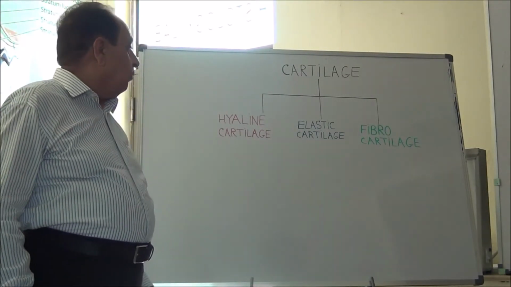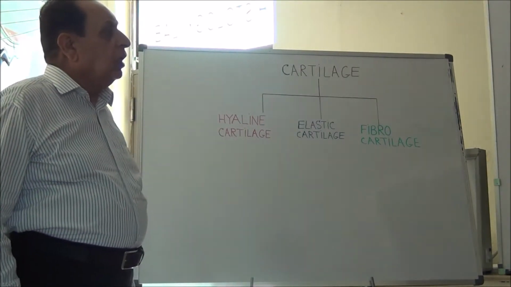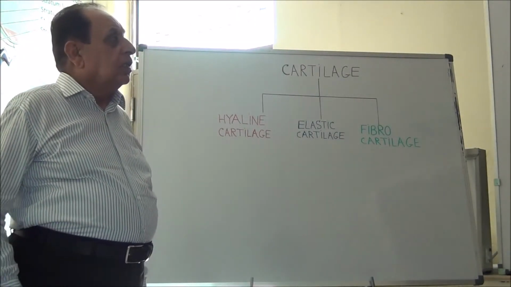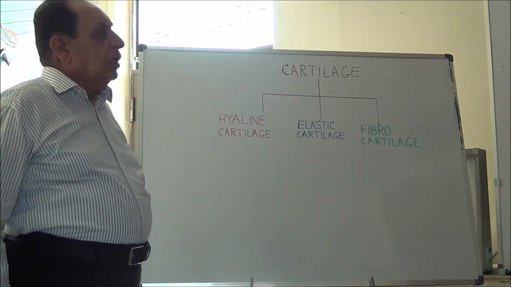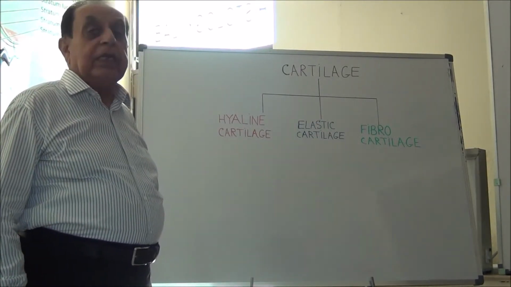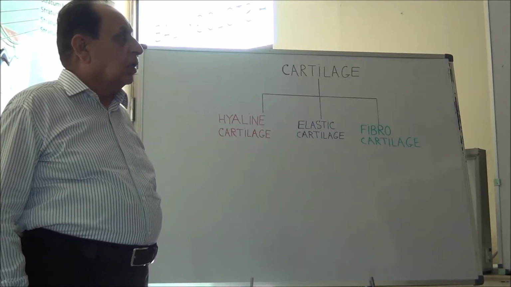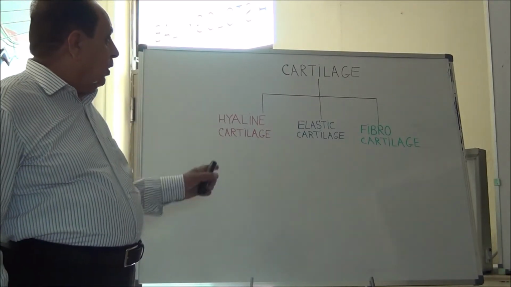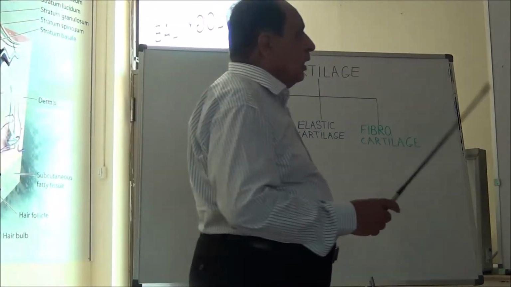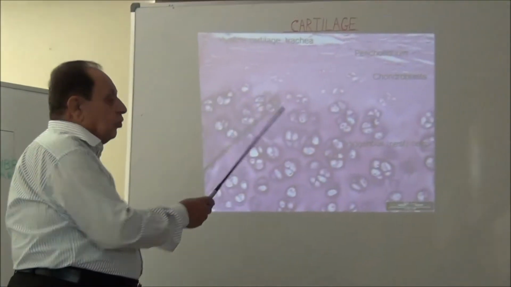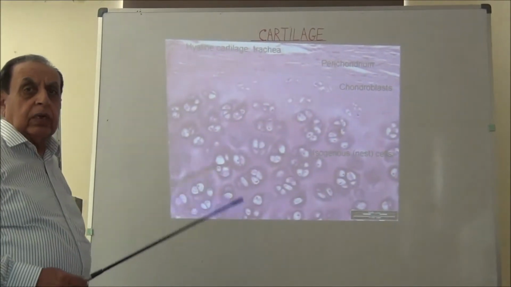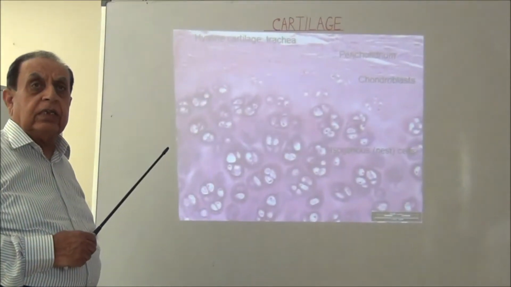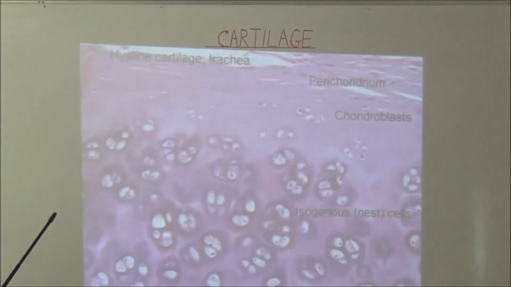The cells of the hyaline cartilage are the chondrocytes, while the matrix contains the fibers, mainly the collagen fibers in the ground substance. First of all, we will study this hyaline cartilage. Just as I told you, it contains chondrocytes. Its cells are called the chondrocytes.